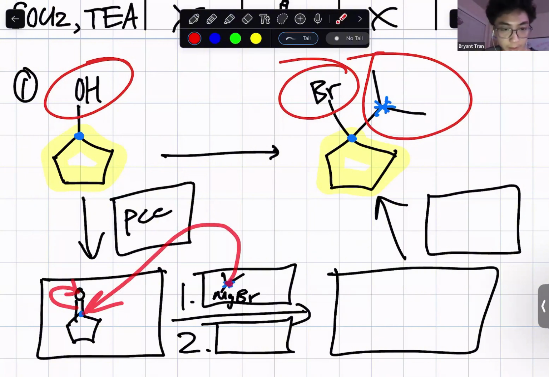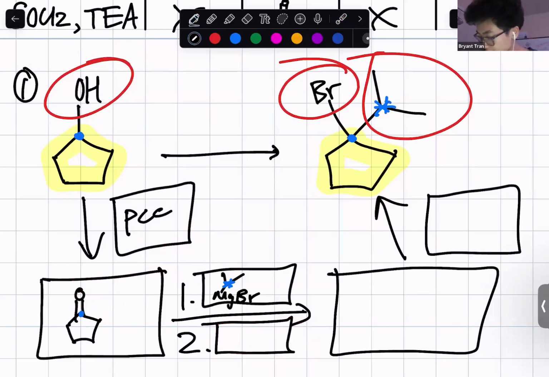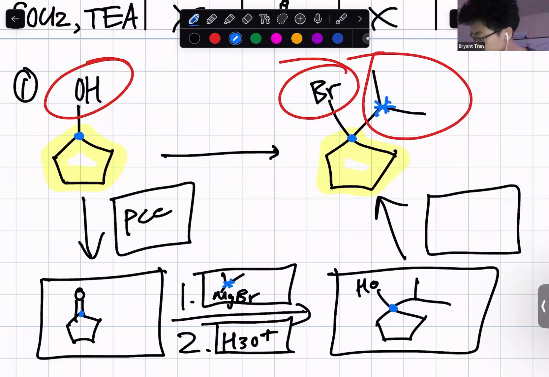That breaks the octet rule. So that means that we have to push this double bond onto oxygen to conserve the octet rule, giving that oxygen a negative charge. And that negative charge is going to get protonated by acid workup, H3O+, to give us this OH here and this R group right here, where this is the dot carbon, this is the star carbon, and this is the new bond between the star and dot carbon.